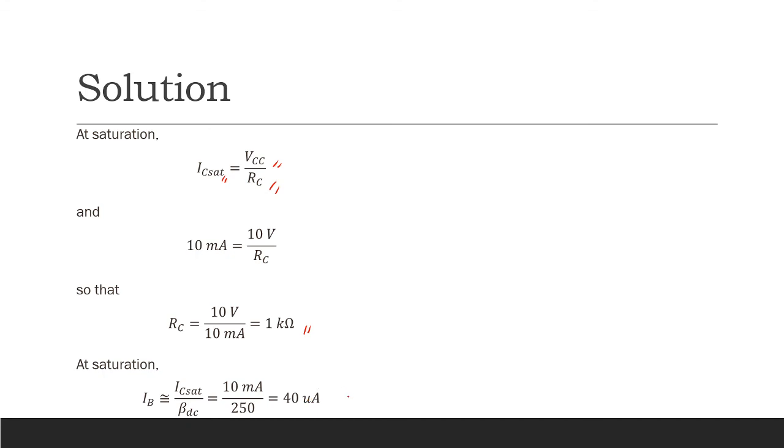Dapat, kung ano yung bibilhin mong value ng RB, yung kakalabasan na IB sa circuit mo, dapat mas malaki to kesa sa IC SAT over beta nung mismong actual na circuit natin. So, let's say for example, to ensure na saturation, ang gusto mong value ng IB mataas na. Let's say 60 microamperes na. Now, kung ganun yung case, yun yung sa-substitute natin dito.